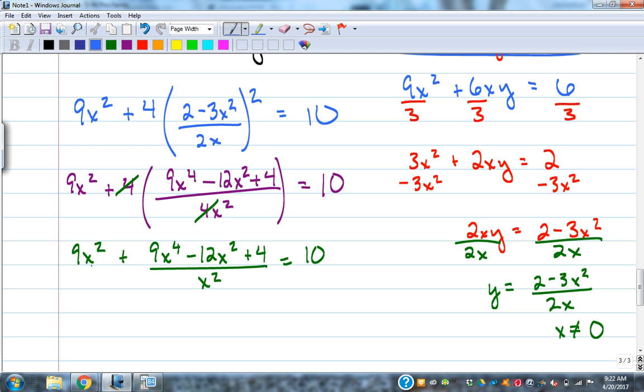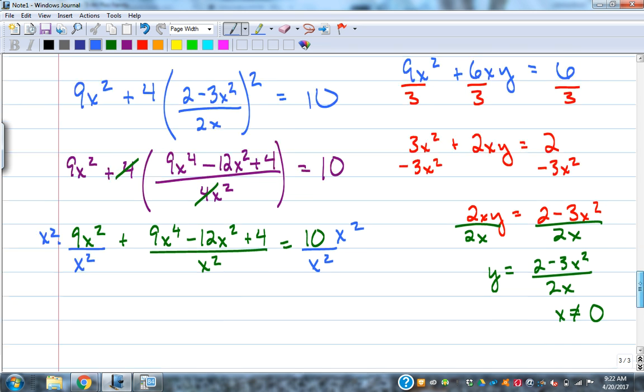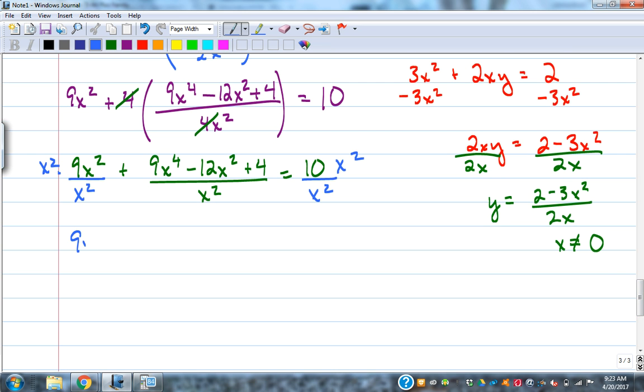I'm going to multiply by x squared on top and bottom, and do the same thing over here, so everybody has the same denominator. So that's going to be 9x to the 4th, 9x to the 4th, minus 12x squared, plus 4 is equal to 10x squared, and all of that's over x squared.